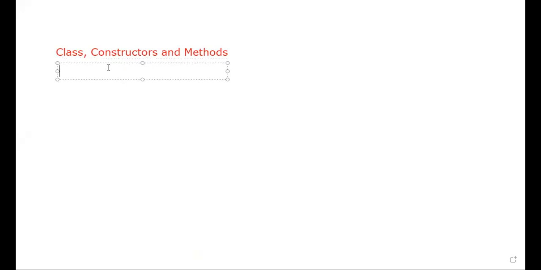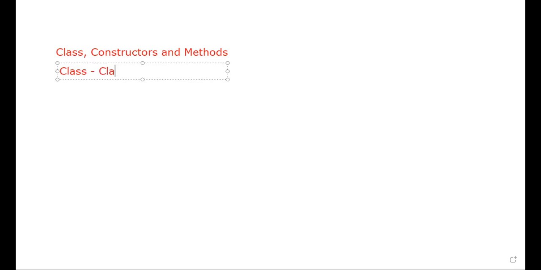Before I begin, I would like to know what is known to you as a class. Ma'am, class is a set of similar things which have similar characteristics. The things we call objects.